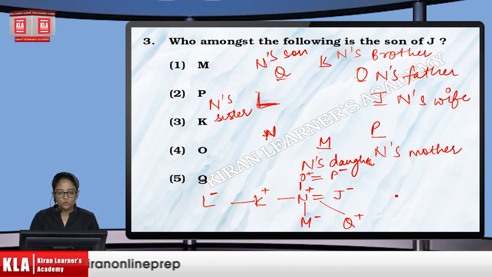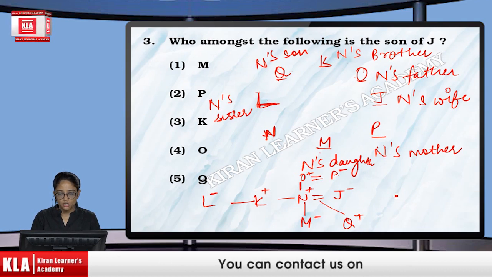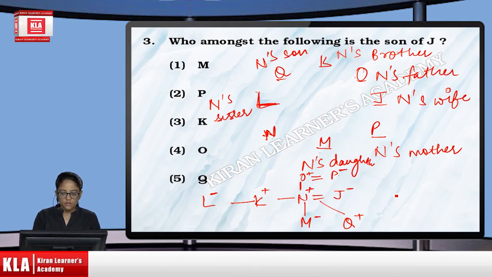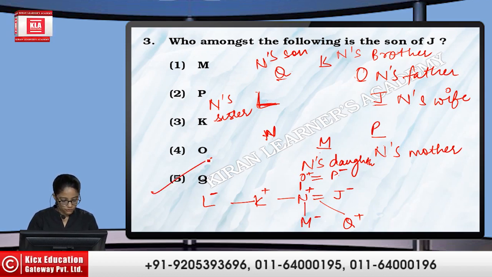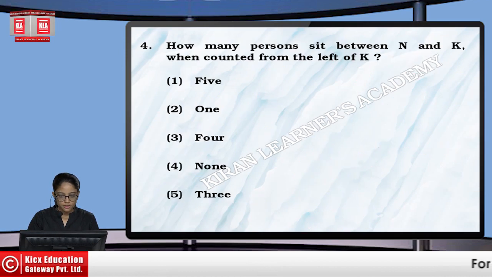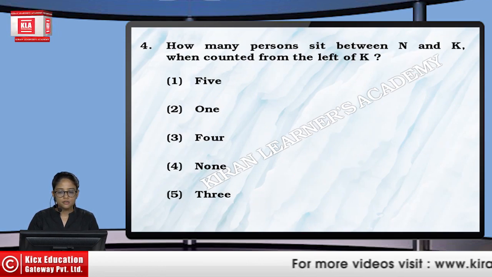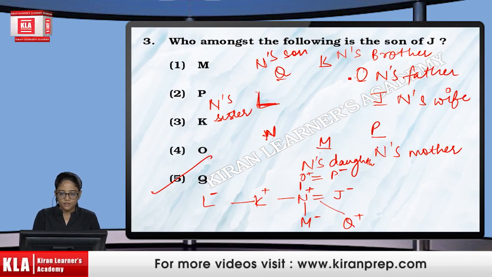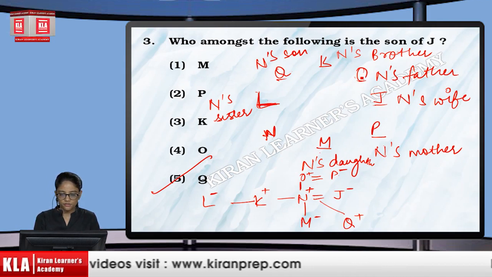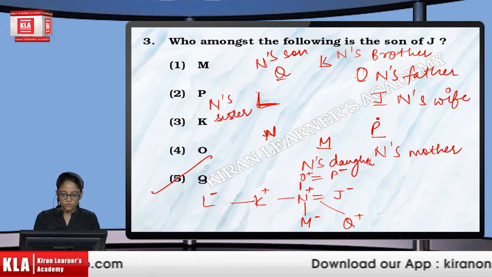So we have this type of diagram. We have to tell who among them is the son of J. Son of J means son of N, that means we have one option, Q. The answer will be 5th. Next, how many persons sit between N and K when counted from left of K? We have to count from the left of K, that means we have to start from here. 1, 2, 3, 4.